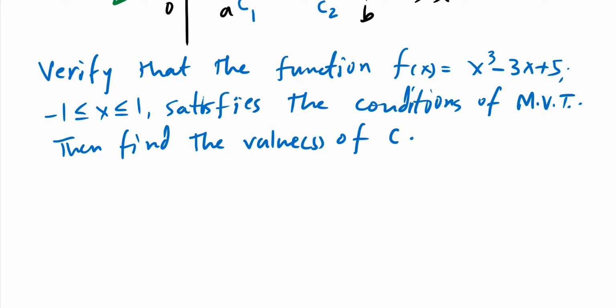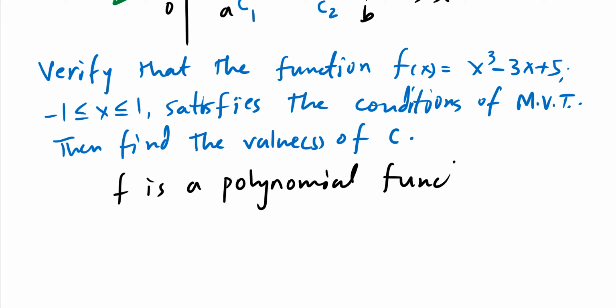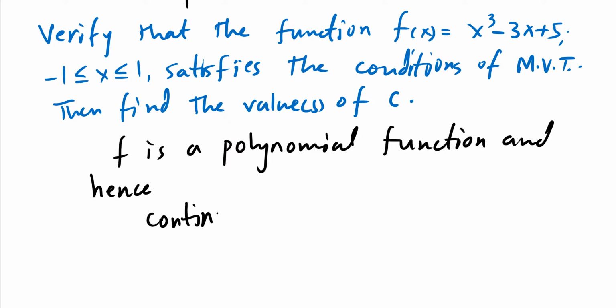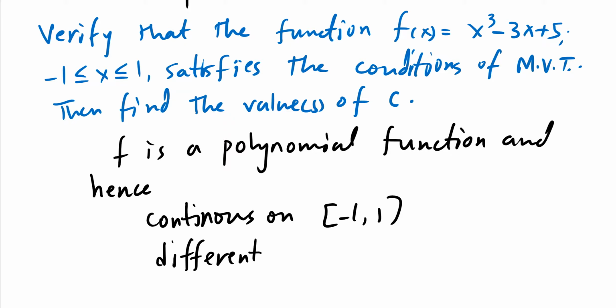Well, again, as we did in Rolle's theorem, we say f is a polynomial function and hence two things: it's continuous on the closed interval negative 1 to 1, and differentiable on the open interval.